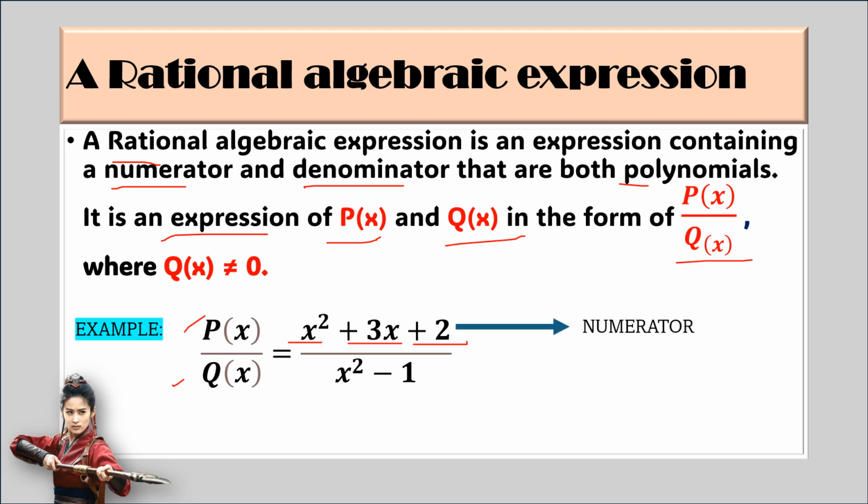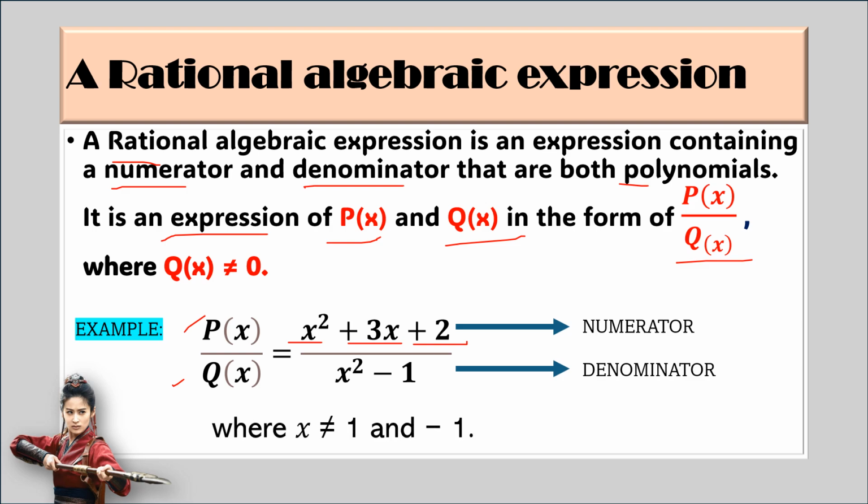And we have the denominator q of x, which represents x squared minus 1, where x is not equal to 1 and negative 1. This is also to avoid the undefined operation of division by 0. Imagine if you substitute 1 into the denominator, it gives 0. Okay?